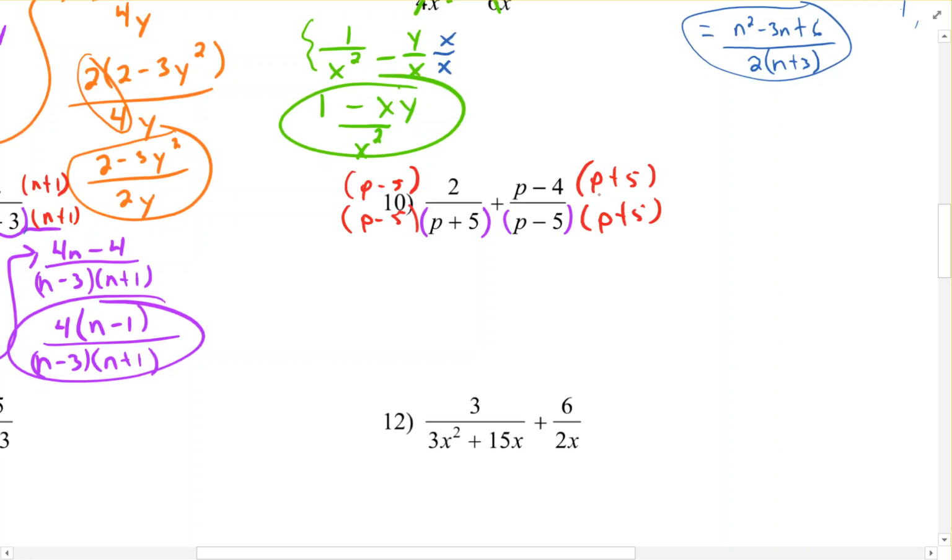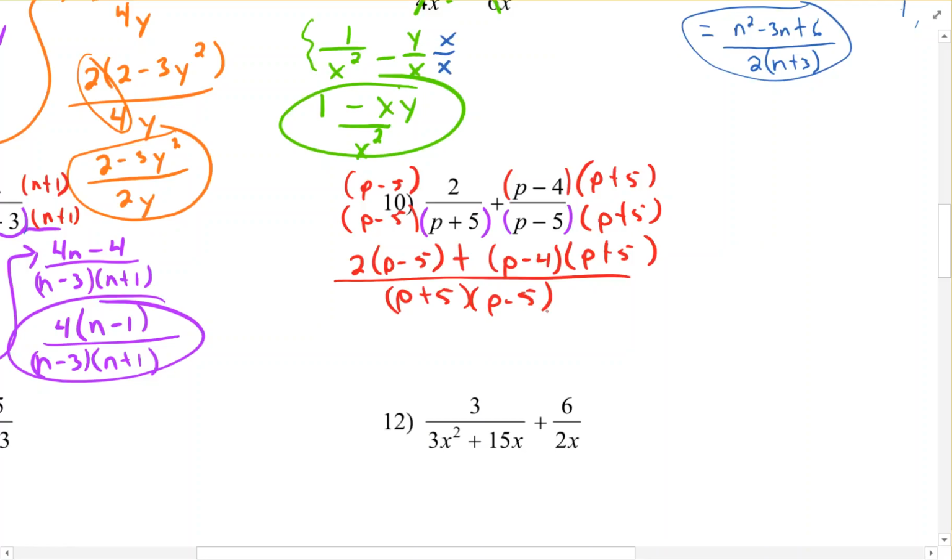Okay, writing this all out again, I've got 2 times p minus 5 plus p minus 4. Notice I put this in brackets too, just to make sure that this is one term, right? And p plus 5, all over p plus 5 times p minus 5.